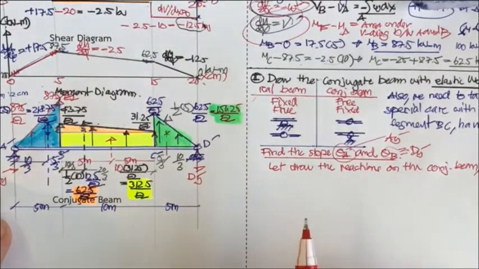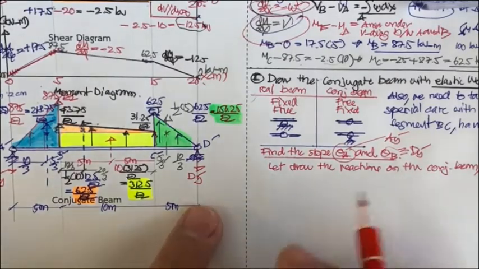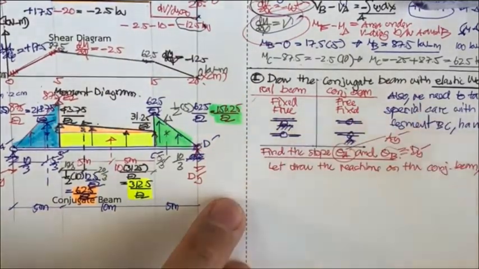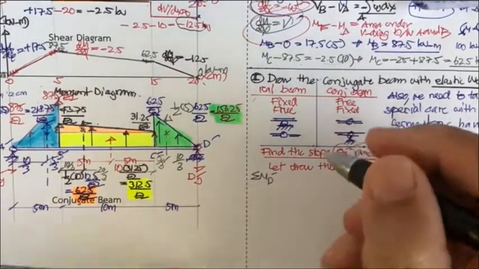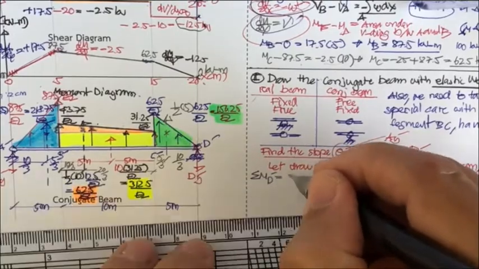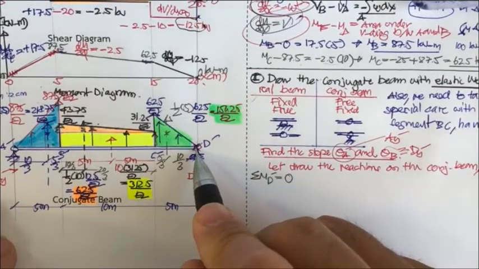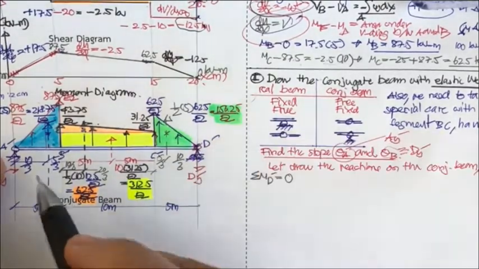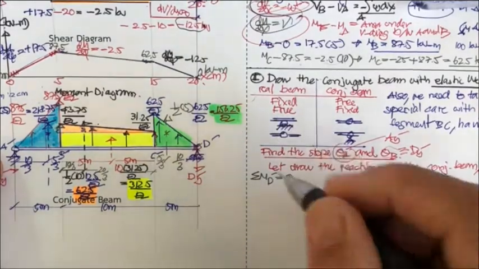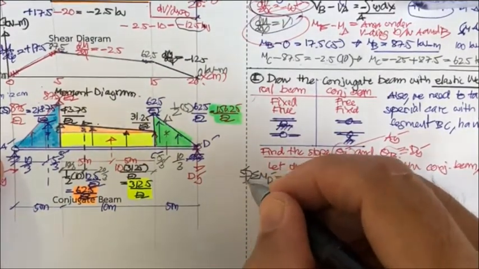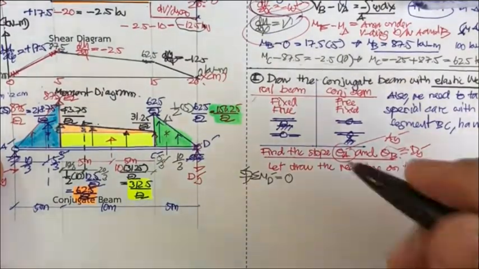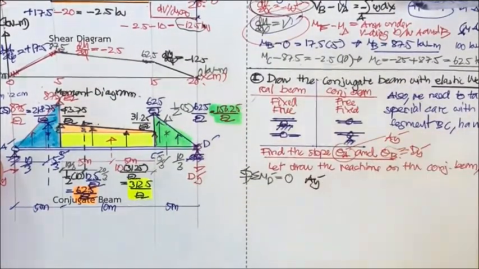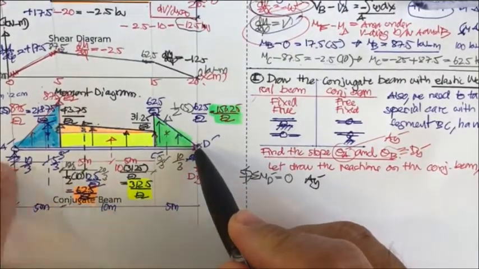What should we start with first? Let me take the summation of moment about D prime equal to 0. So that means the A sub y is going to rotate like this, and we have A sub y prime times 20.